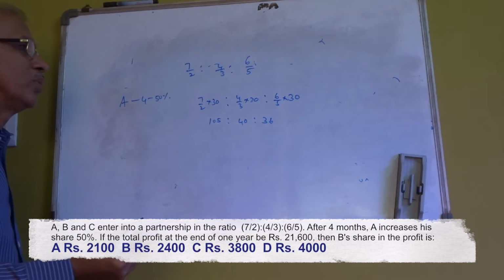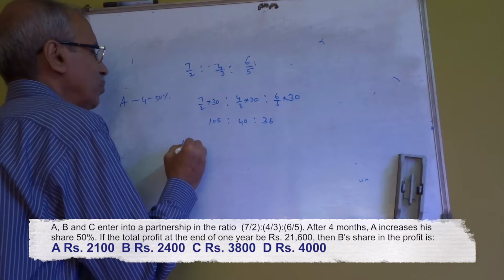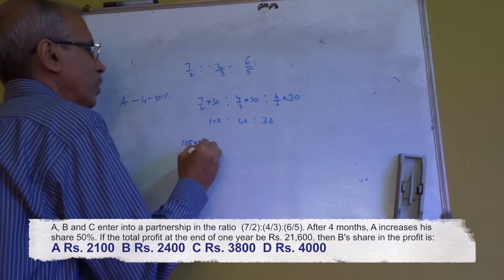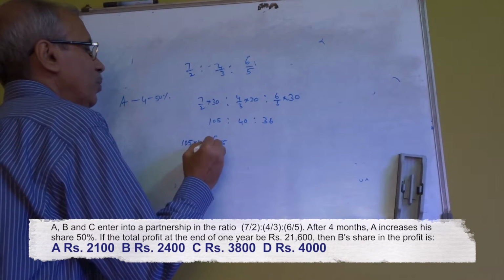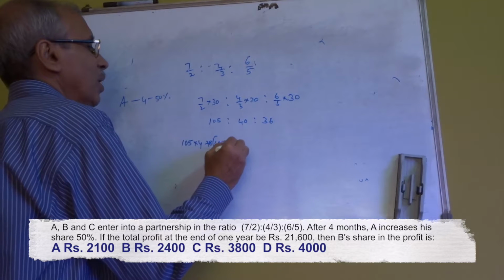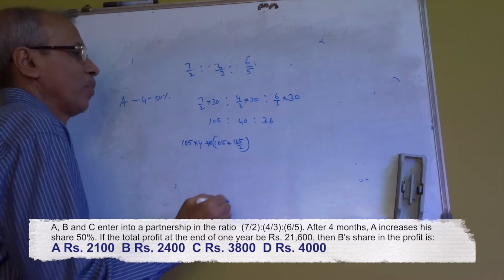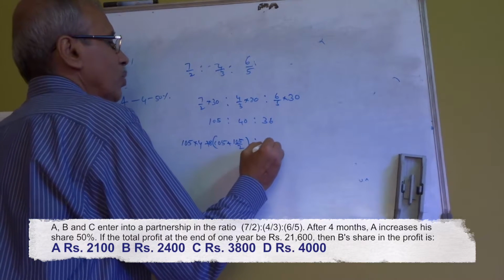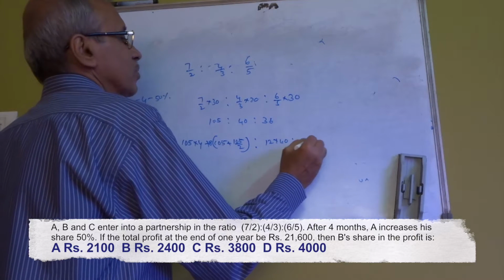Now, investment over the entire year will be like this: 105 into 4 plus 105 plus 105 by 2 into 8, because of the 50% increase, is to 12 into 40 is to 12 into 36.